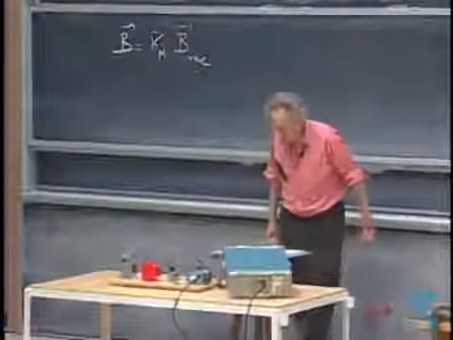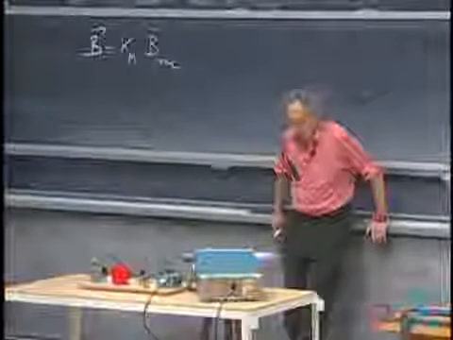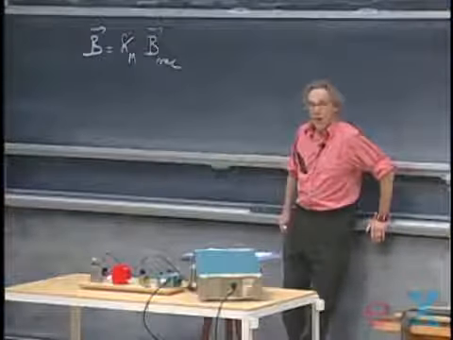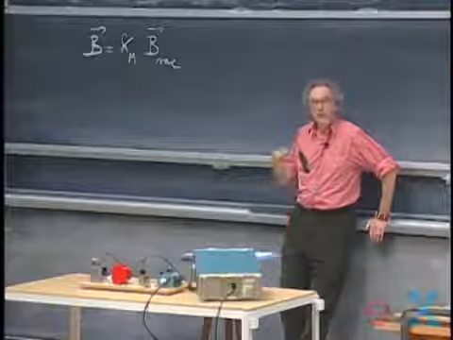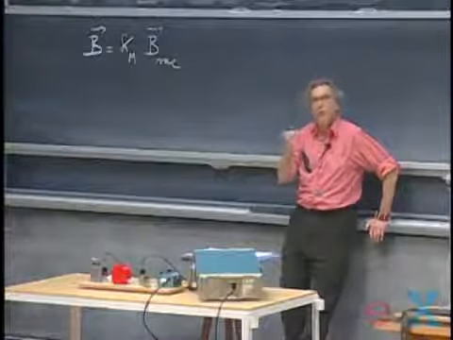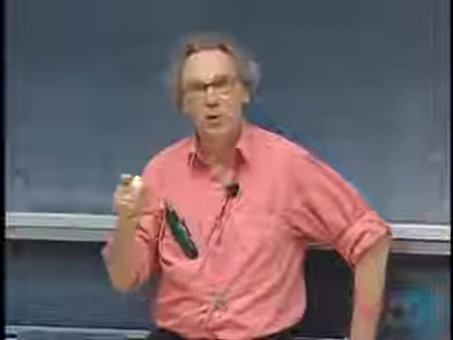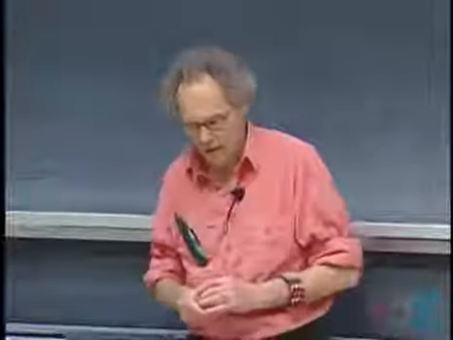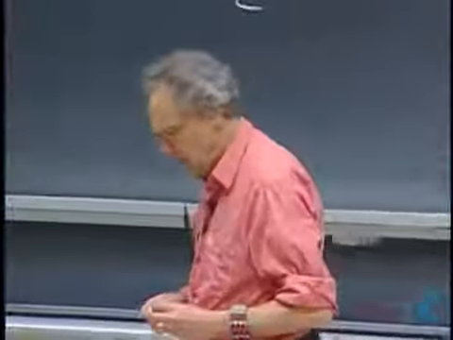Now, in the case of para and ferromagnetic material, the kappa m is the result of the fact that the intrinsic dipoles of the atoms and the molecules are going to be aligned by the external field. And today I want to raise the question, how large can the magnetic dipole moment of a single atom be?